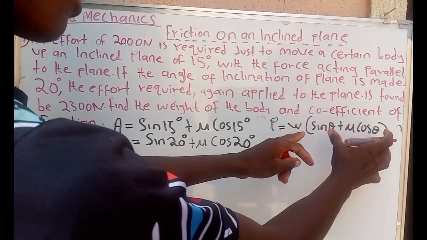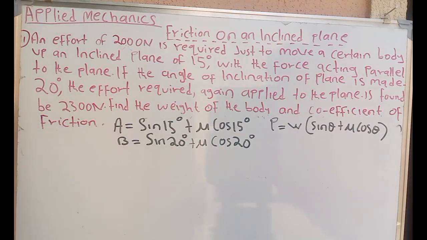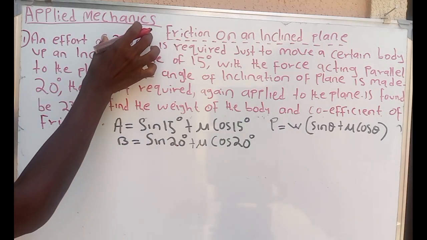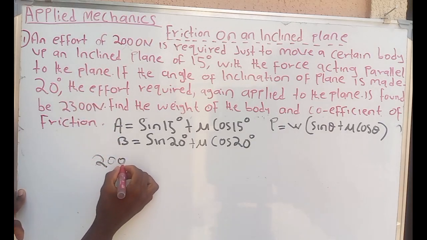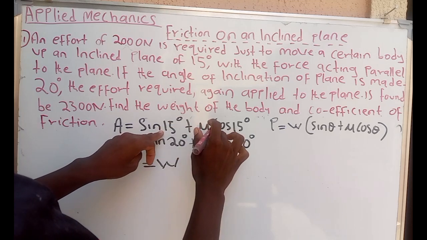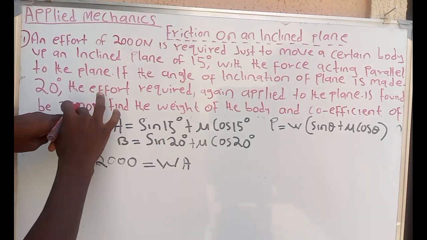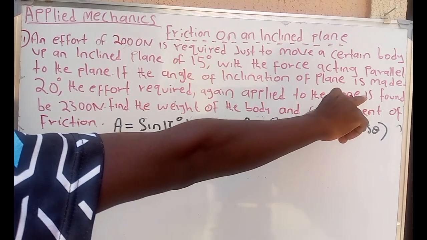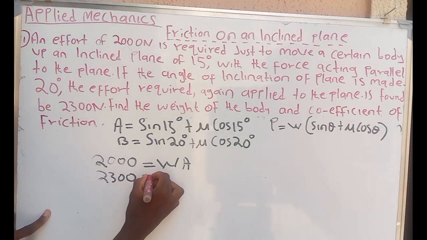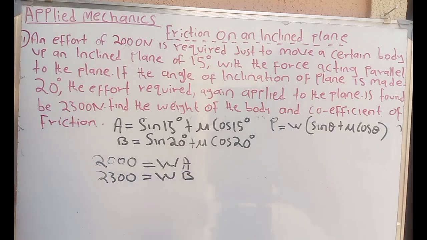Therefore, the sine factor with the mu for 15 degree should be A, and for the second part, for 20 degree, should be B. From the first fact, we have 2000 Newton, which is equal to our W, and for sine 15 plus mu multiplied by cos 15, we let it be A. And for the second one, which was 2300, which is our P, the second effort that was found as 2300, equals the weight multiplied by B for the 20 degrees. So what are we going to do next?